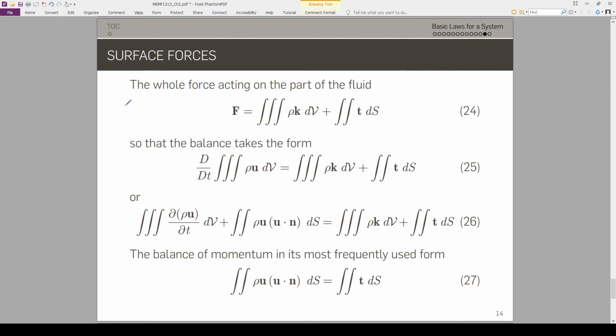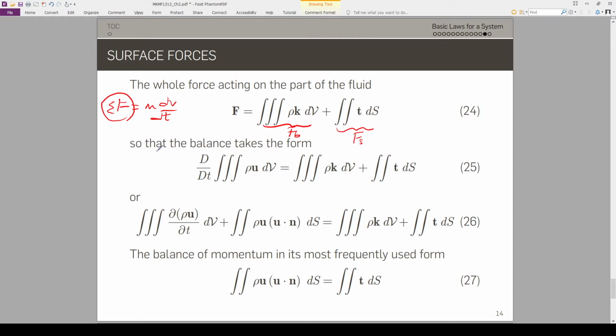And we remember that the summation of force is equal to m dv over dt. The summation of force, as we discussed just now, comes from two sources: the body force and the contribution from the surface forces.